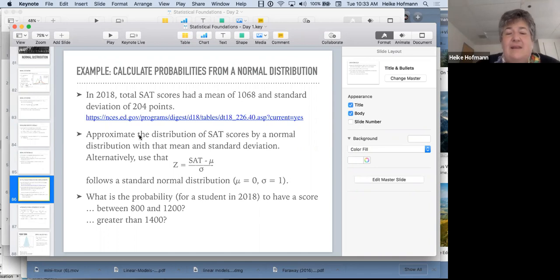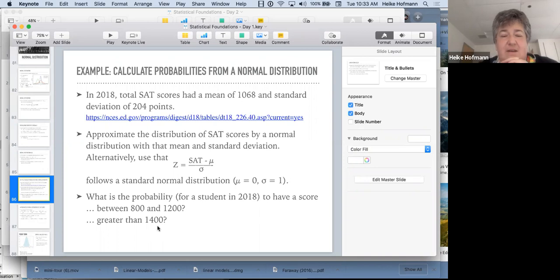And then we can come up with the probability that a student who took the exam in 2018 had an SAT score between 800 and 1200. And then we can also have a look at what the probability was to score higher than 1400.